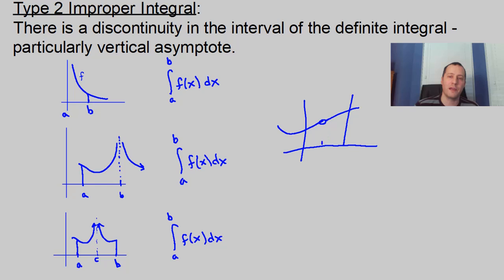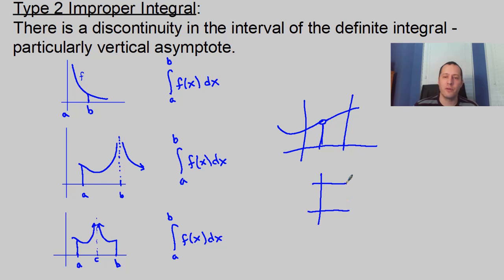You can integrate from a to c and from c to b, and take the limit as x approaches c, and because the hole is removable, you'll end up getting a finite value. But once you realize that, you can disregard that issue and just go from a to b.